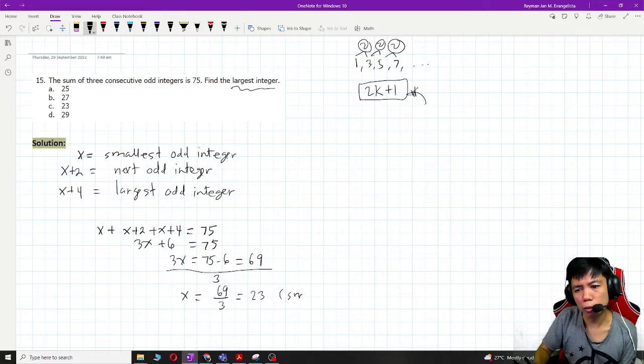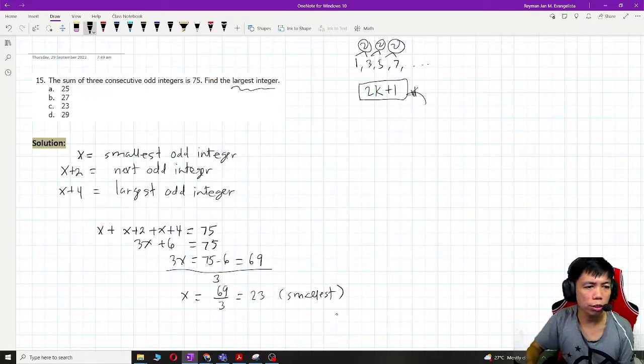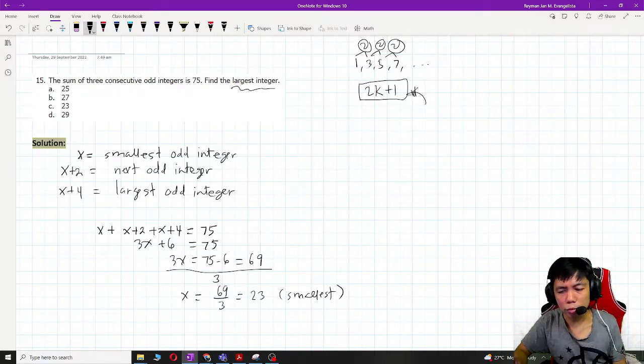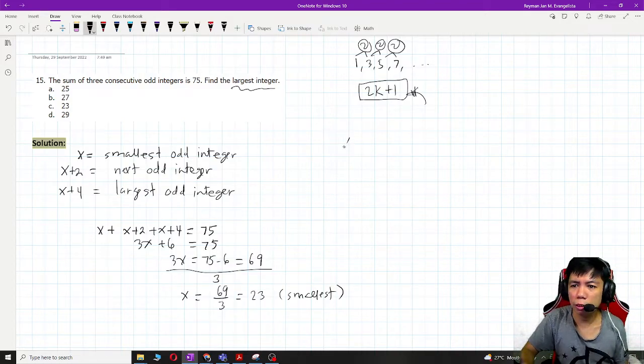So always go back to the representation of numbers, or of the unknown. Yung x natin smallest yan. So therefore, yung next integer is 23 plus 2, di ba? So that is 25.